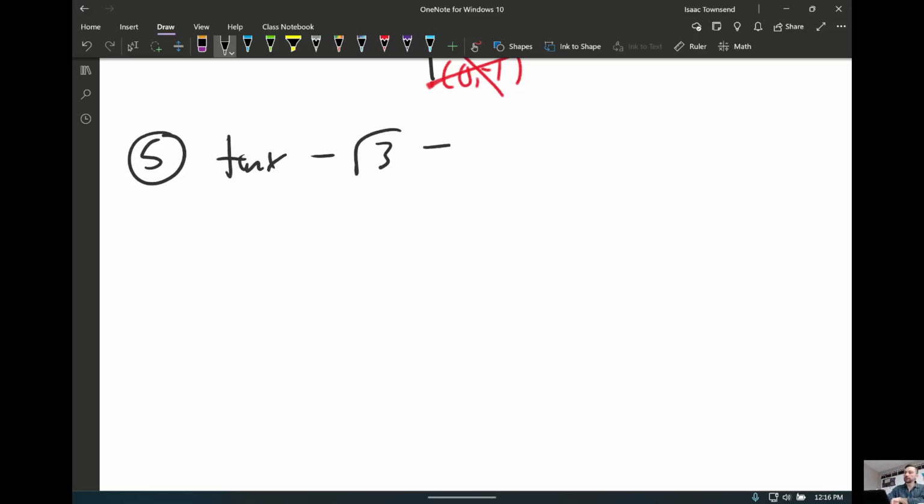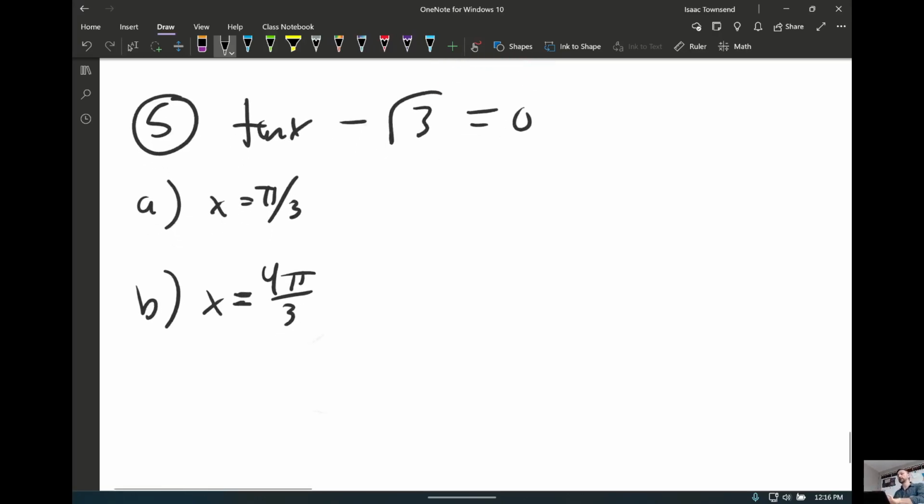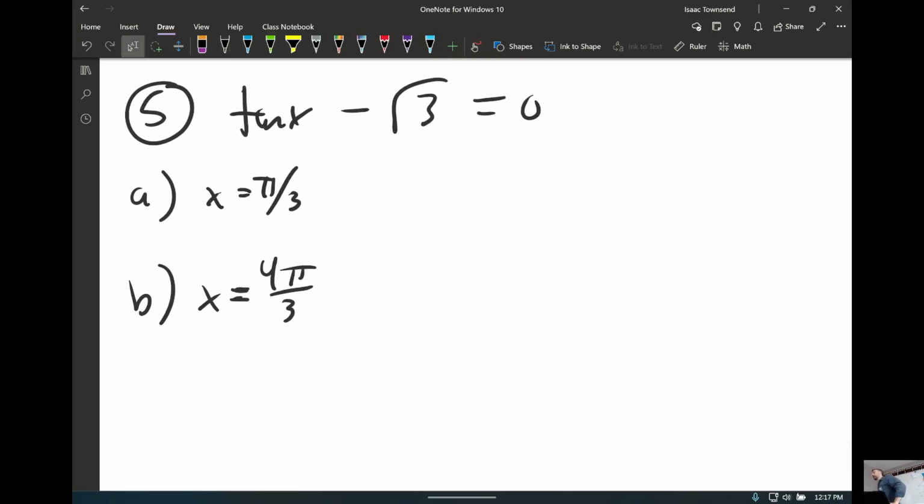So, question 5 in the book assignment looks like this, and you can go ahead and just copy down with me because there's still another one like this. Question 5 and question 9, they don't even want you to solve these at the start of the assignment.